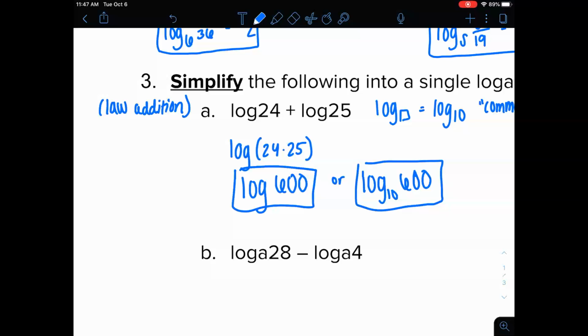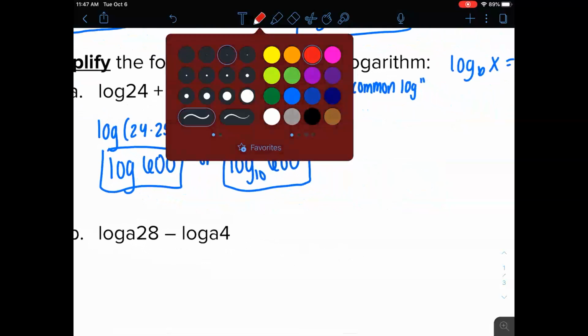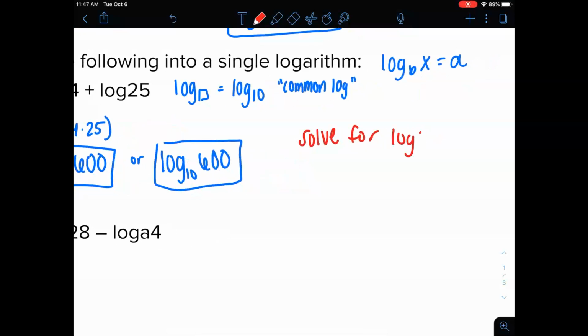If I asked you to solve for this problem, so again, an extension question here, if I asked you to solve for our original expression of log 24 plus log of 25, step 1 would be getting it into a single logarithm, so our form of log base 10 of 600.